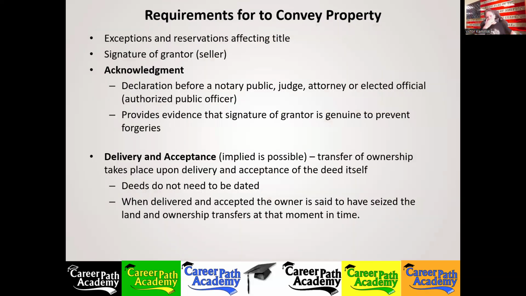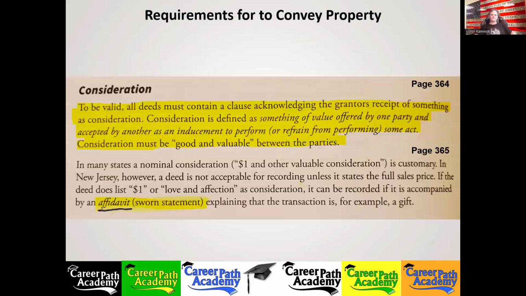All right. So this just goes over all the same stuff that I squeezed into that one slide for you. So let's highlight what consideration is on page 364 and what an affidavit is on page 365.